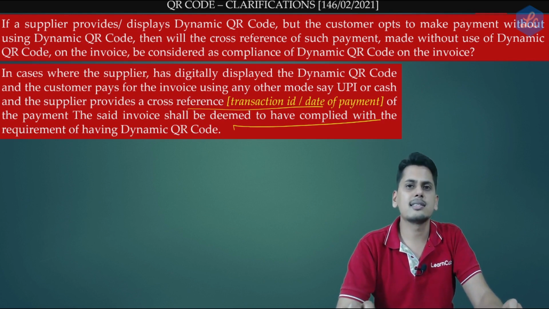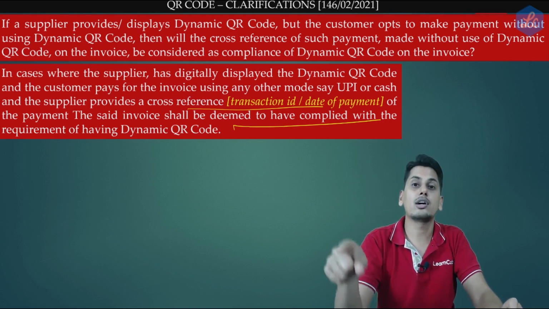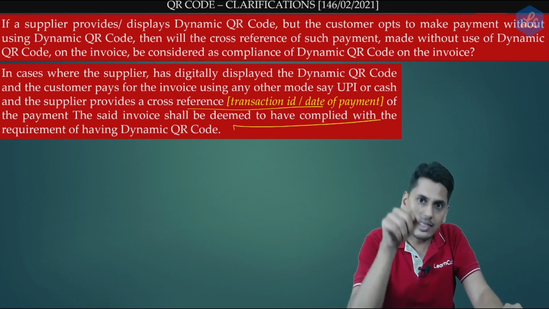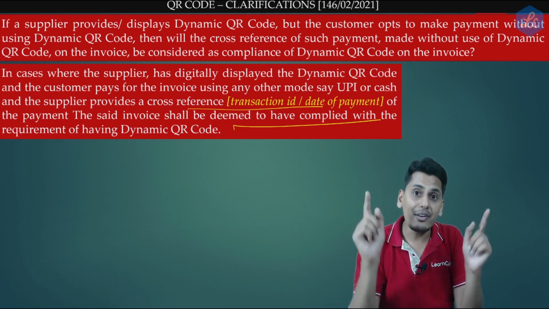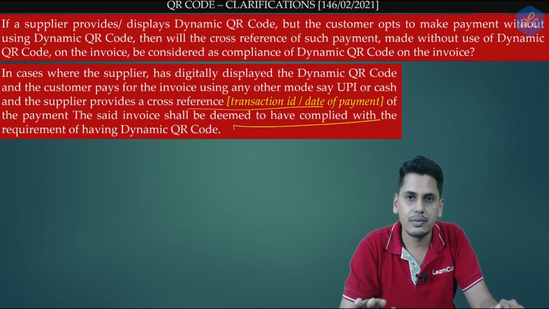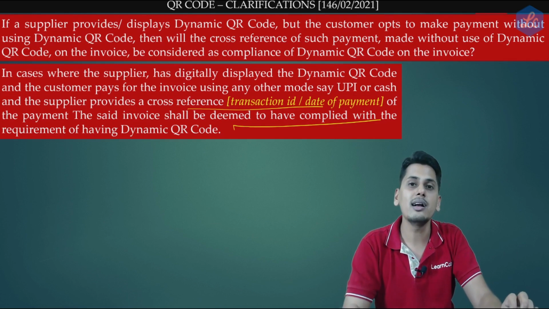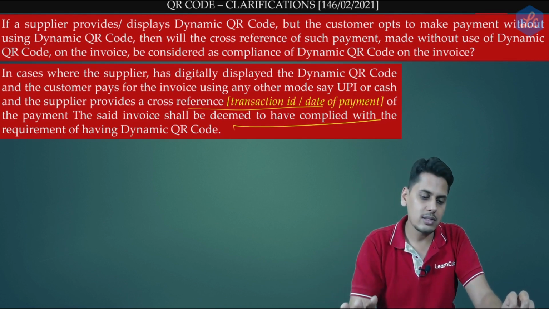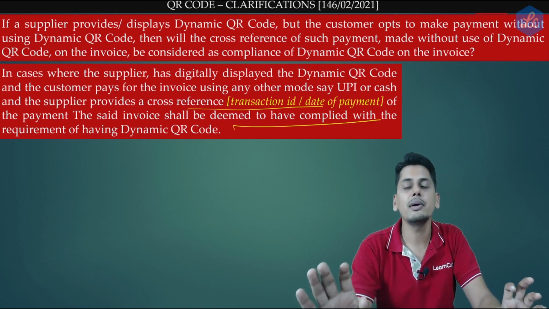In those cases, if I am mentioning the cross reference of the payment made by means other than the dynamic QR code, or the date of payment if the payment came through cash, it is going to be a valid compliance of dynamic QR code.